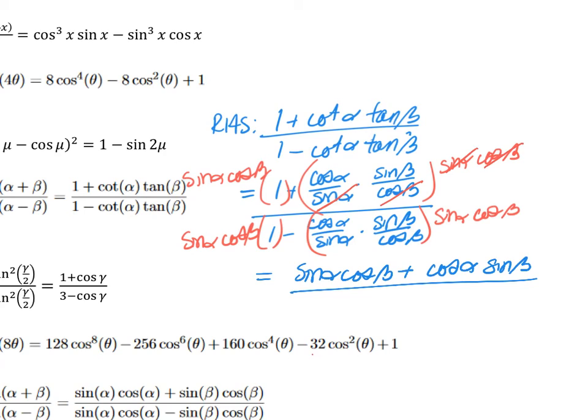I multiply the sine alpha cosine beta by 1, so I get the sine alpha cosine beta minus, and when I multiply by the second term, my sines cancel and my cosines cancel, leaving me the cosine alpha, the sine beta.